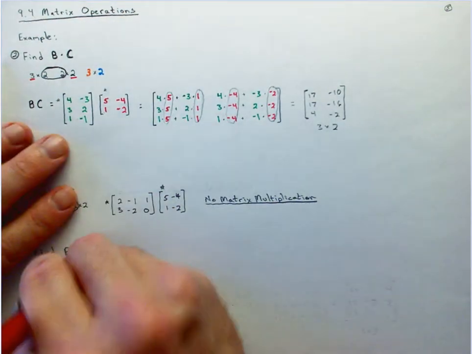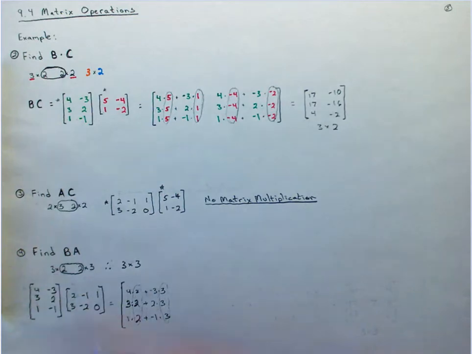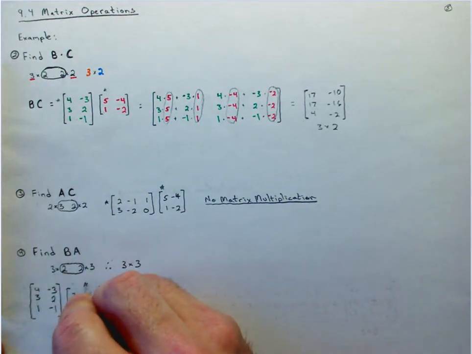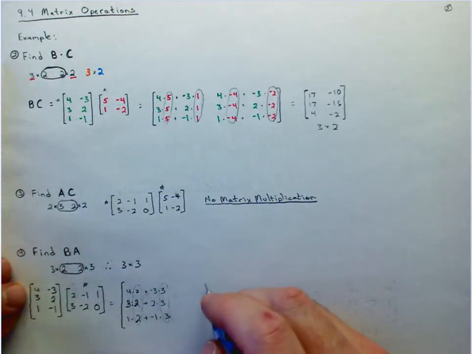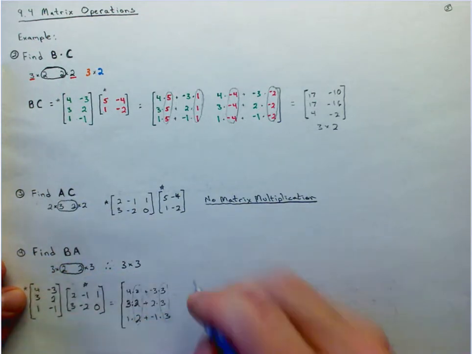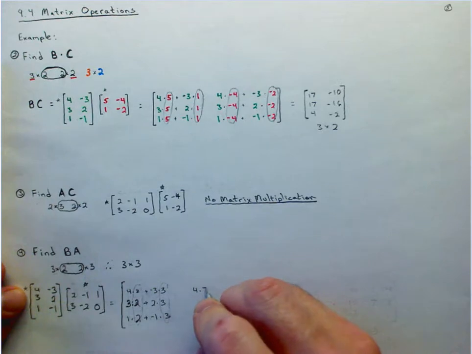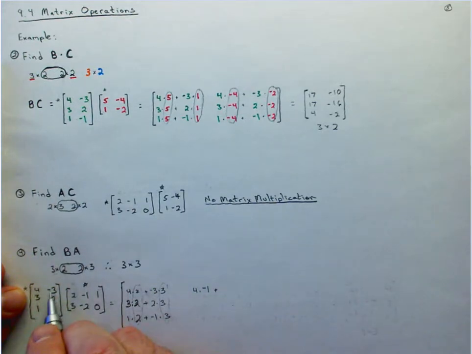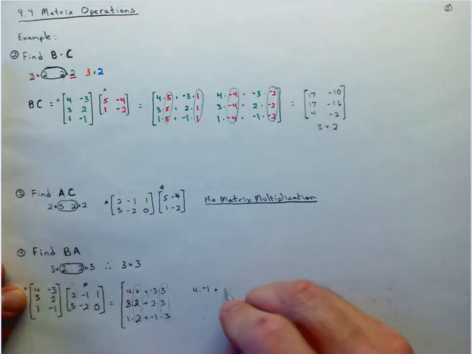Now for my next, let me erase all of this. I did my first column, now I have to do the same thing for my second column. So I'm on my first row, and I'm going to say 4 times a negative 1, plus row times column, a negative 3 times a negative 2.